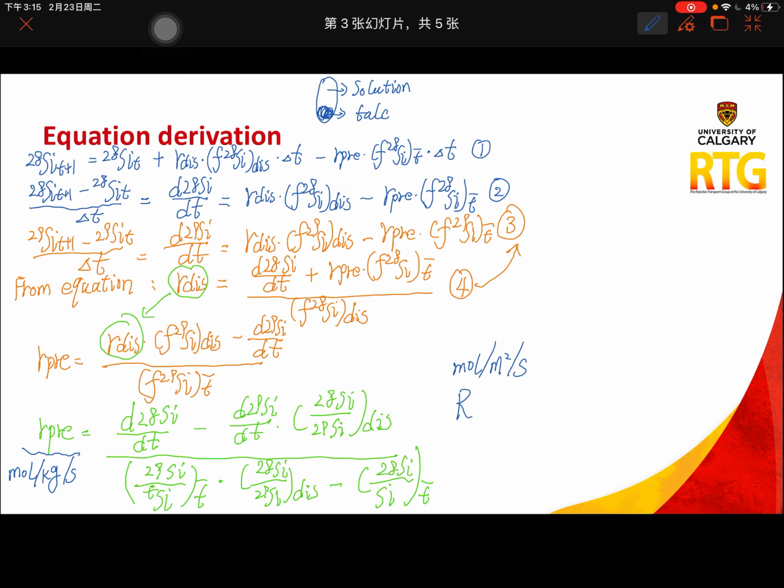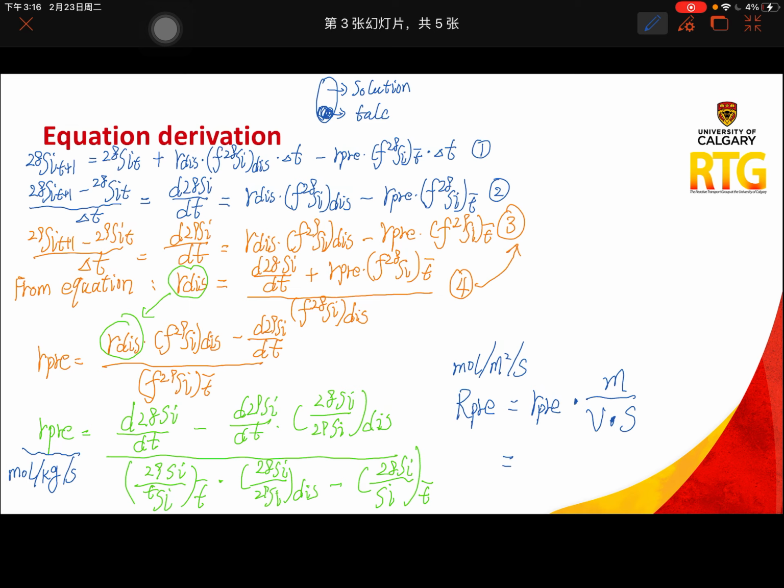So this precipitation rate normalized to the surface of the mineral equals the precipitation rate in this system times the mass of the solution over the stoichiometry of this element, silica, times the surface.